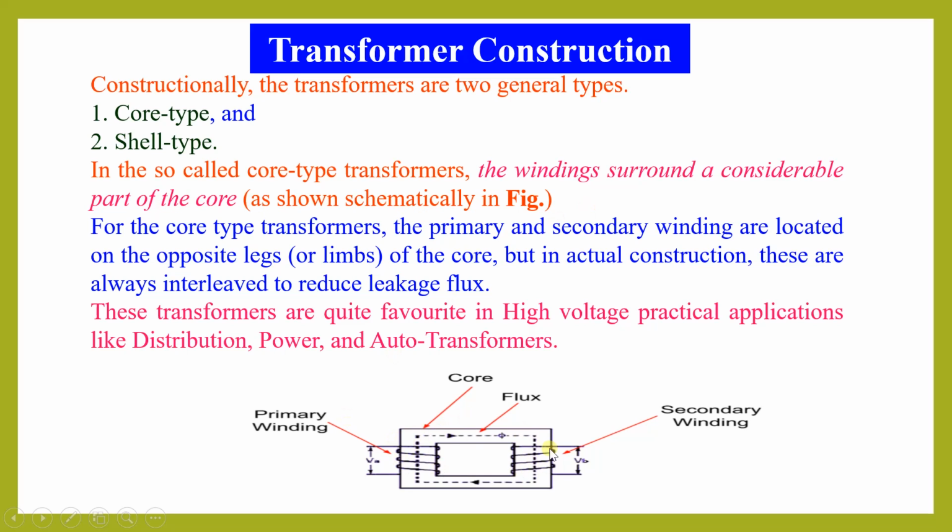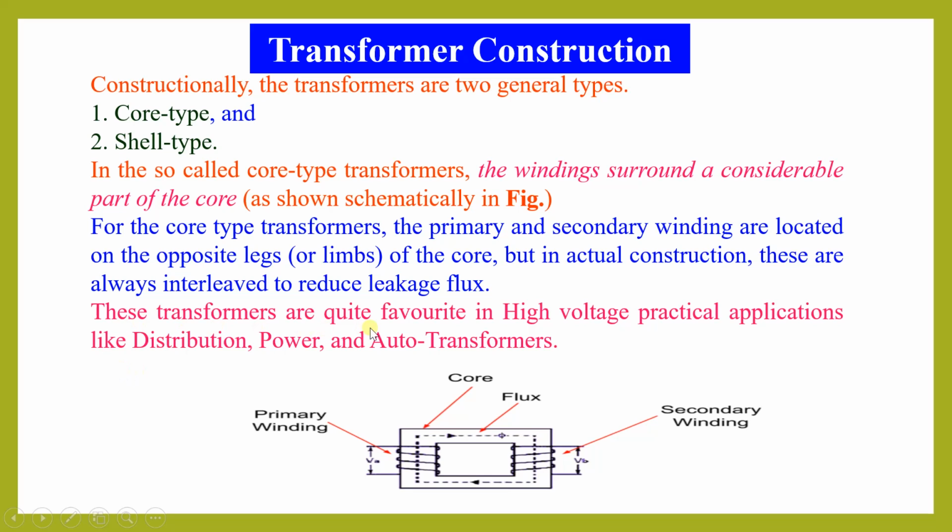This figure shows the core type transformer, in which the windings are wrapped on the cores. For the core type transformer, the primary and secondary windings are located on the opposite legs or limbs of the core. This is called the core, and these are the opposite limbs or legs. So windings are wrapped opposite to each other.